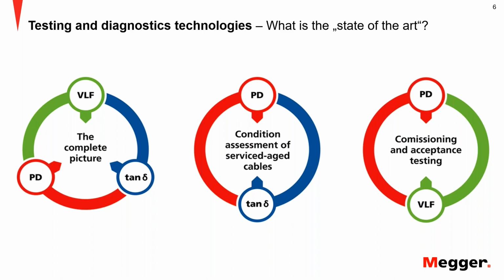If you do VLF testing, partial discharge analysis, and tan delta measurement, you are getting the full picture. You're getting everything that is actually measurable in today's world of field testing. And at the very end, you will see why this picture on the left is, at least a little bit, under fire.